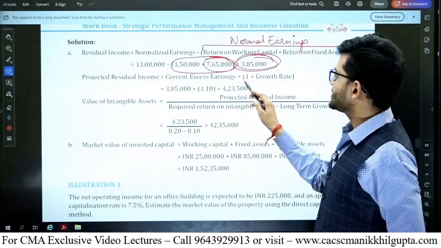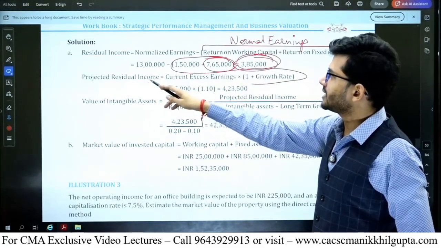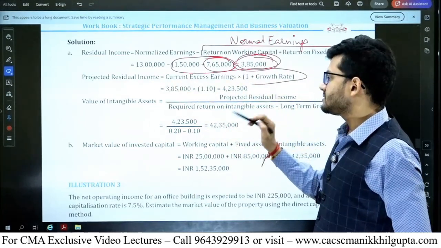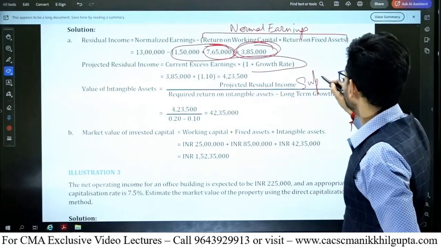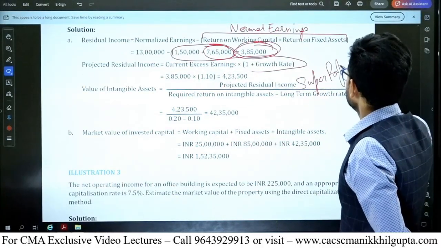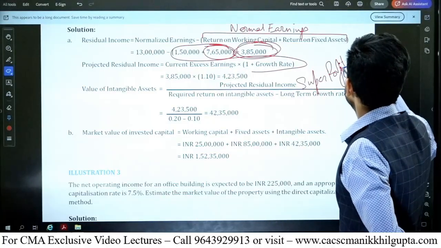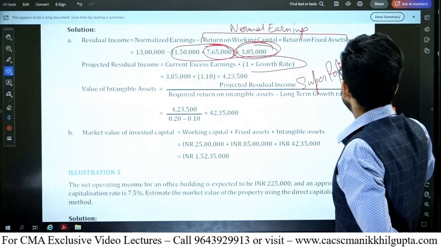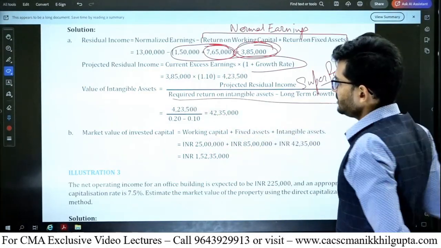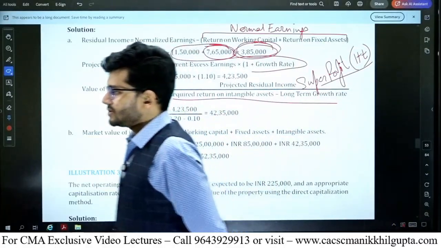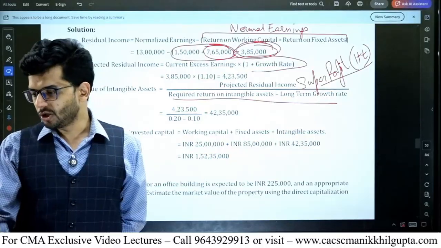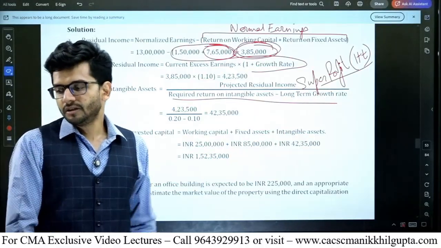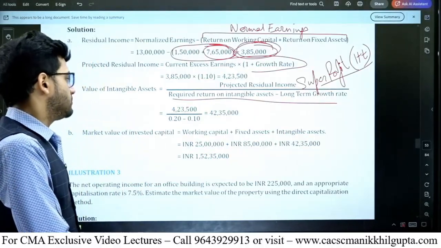So current excess earnings into growth rate is the projected residual income. Growth rate is 10%. This is the future income. So this is the super profit, 1 plus g of the next year, and we capitalize it using the formula Ke minus g. Ke minus g is to be put in the denominator to get the capitalized value of the entire intangibles.